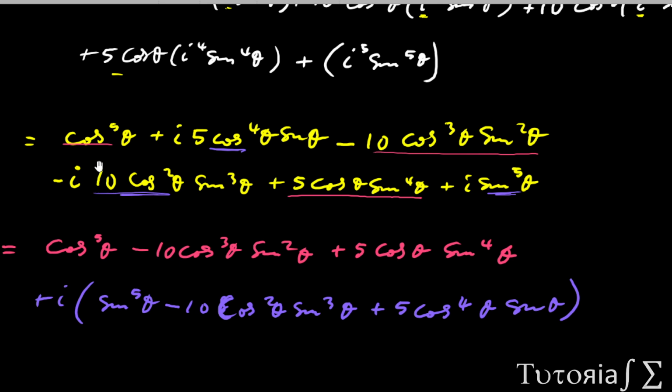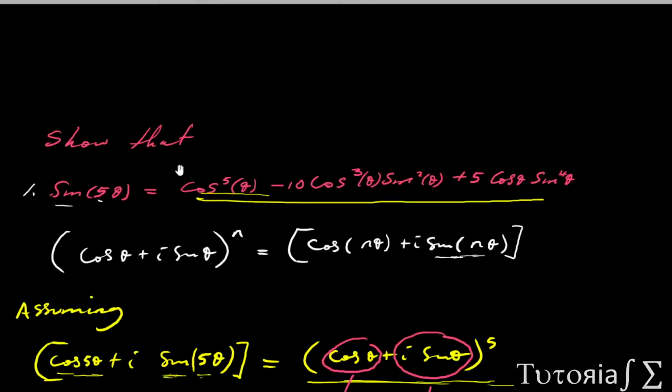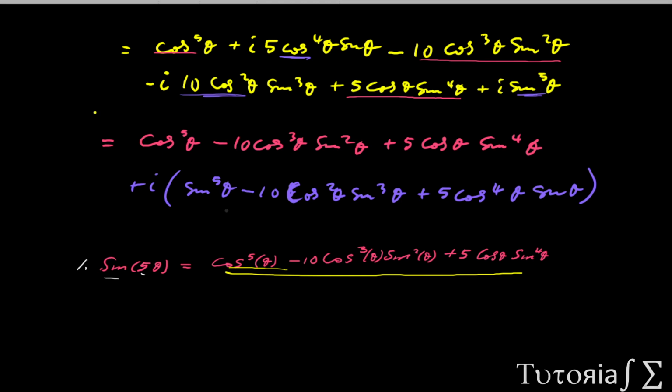And remember the question that we had, so this is our question right here. So now we're going to compare between the real part and the imaginary part. Which one is sine 5 theta equal to?